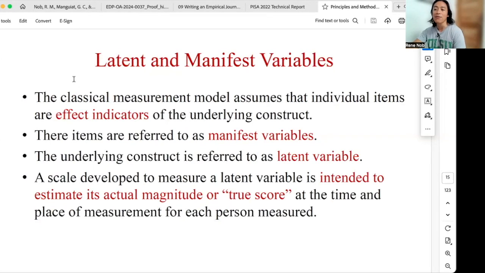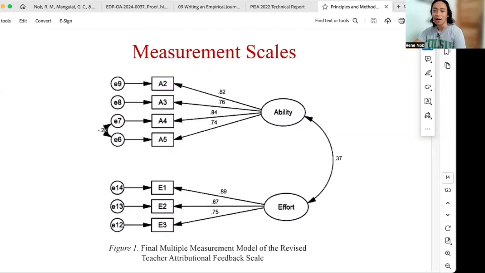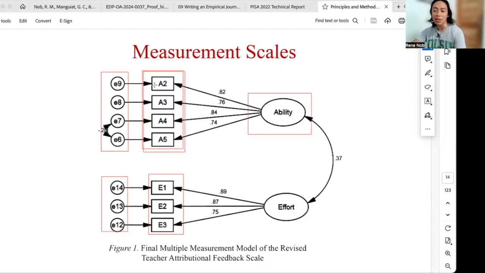These items are referred to as manifest variables. Okay, so these items are manifest variables. By the way, you might be wondering what this is. These are errors. This suggests that while these items and the way we respond to them are influenced by the construct, individually, they can also be influenced by some random factor.